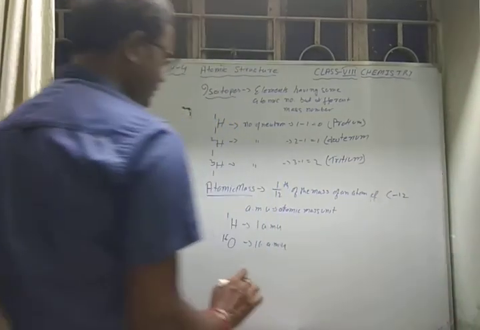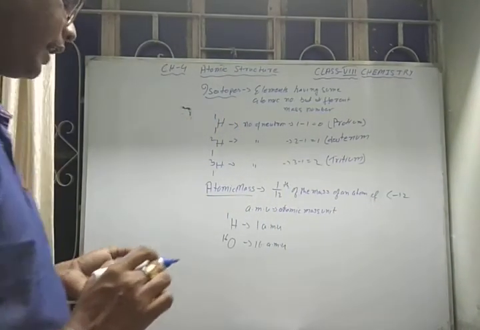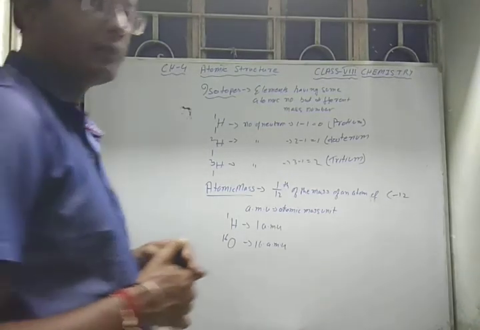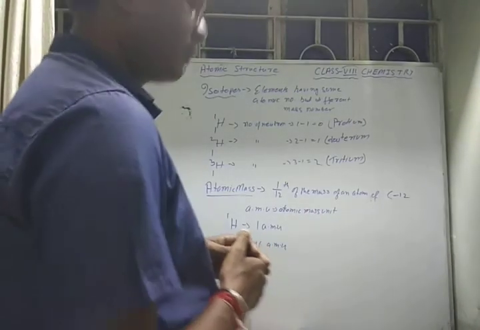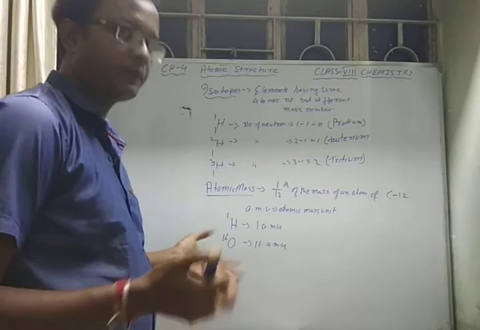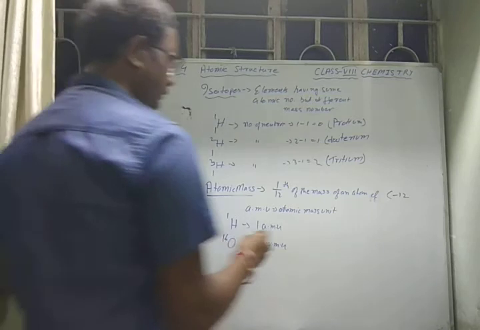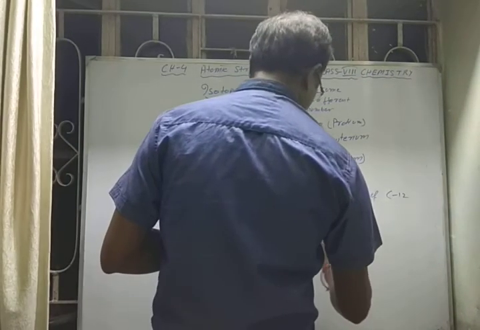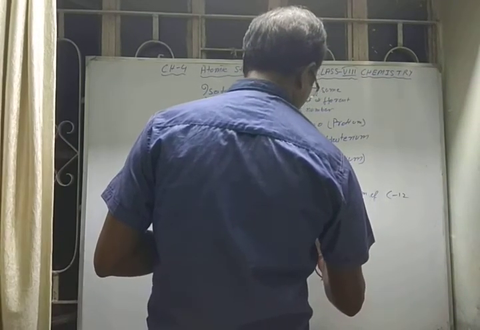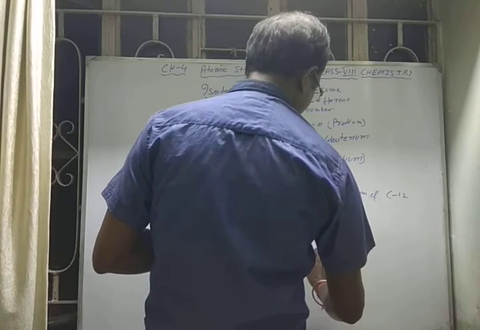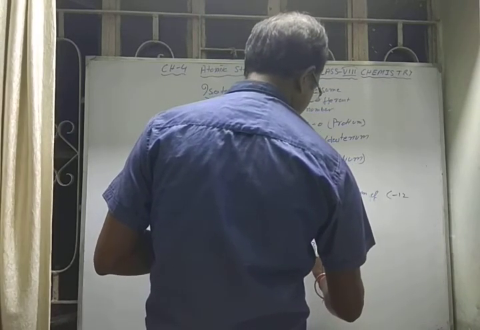Atomic mass and mass number are almost the same in most cases, but in some cases they are different. Suppose you take chlorine. Its atomic number is 17, and one isotope has mass number 35, and another chlorine isotope, also with atomic number 17, has mass number 37.